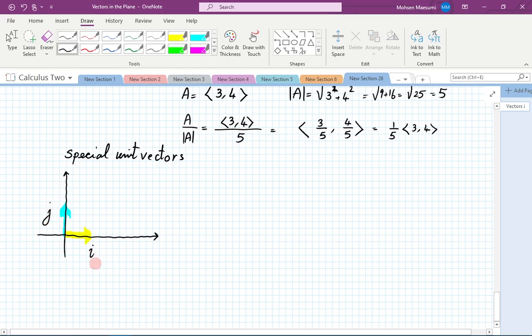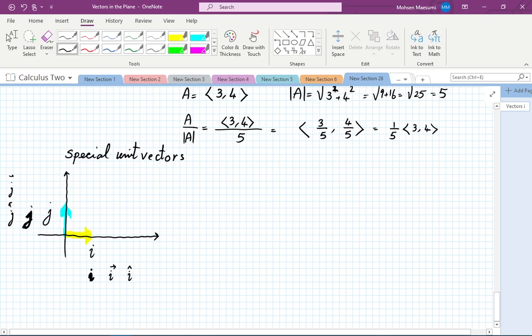Remember, this has to be a boldface i, or sometimes they write it with a little decoration in textbooks, just to make sure it stands out and warns the reader that this is a vector, not just a number.